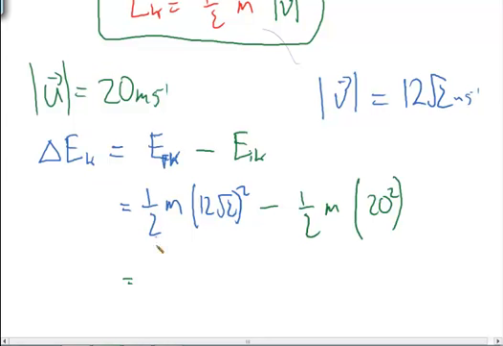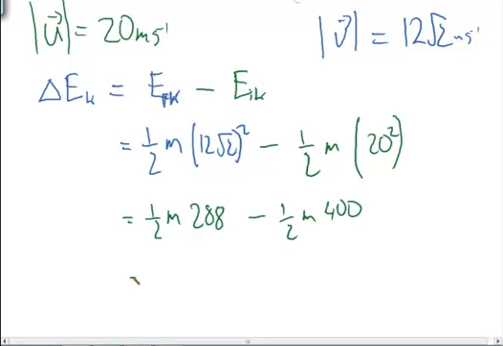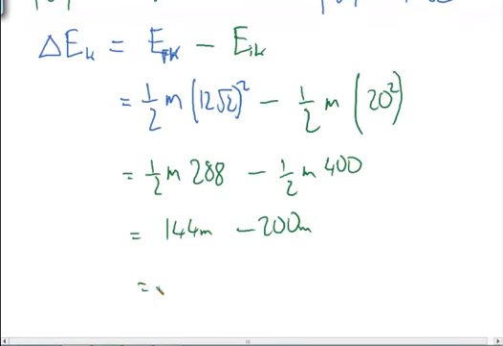So what we have here, I'll just leave the colours as they are now, it's 1/2 m, this squared is 288, minus 1/2 m, 20 squared is 400, which is equal to 144m minus 200m, which should be equal to minus 56m joules. And that's the final answer for that section.